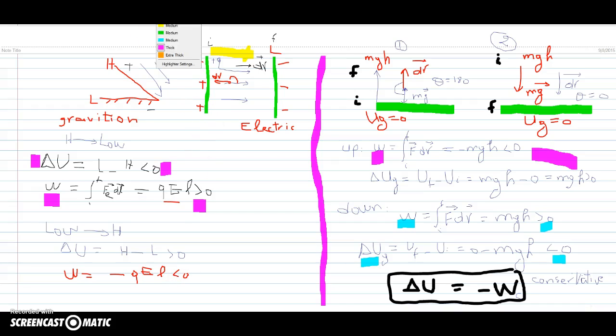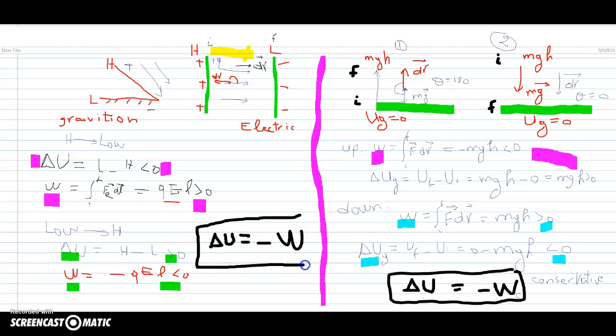Again, when the work is negative, the change in potential energy is positive. To compensate for this relationship, the change in electric potential energy is equal to the negative of the work of the electric force. Since we have demonstrated that the electric force behaves exactly like gravitational force, it is conservative, and this work is conservative work also, like this one.